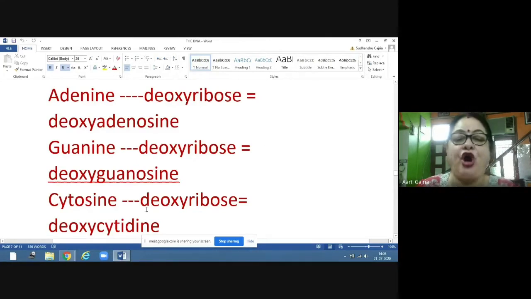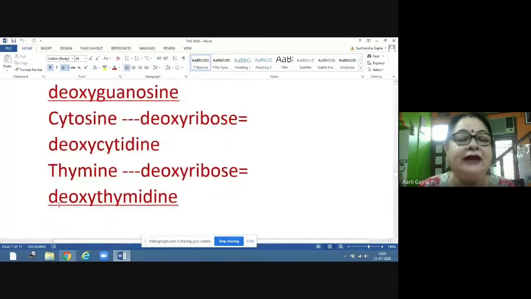Cytosine joined with deoxyribose forms deoxycytidine. And when thymine is joined with deoxyribose, it forms deoxythymidine. So these are the nucleosides: nitrogen base with pentose sugar.